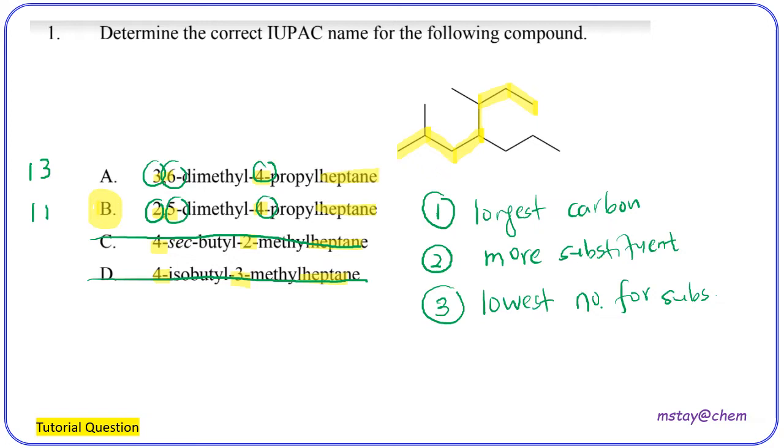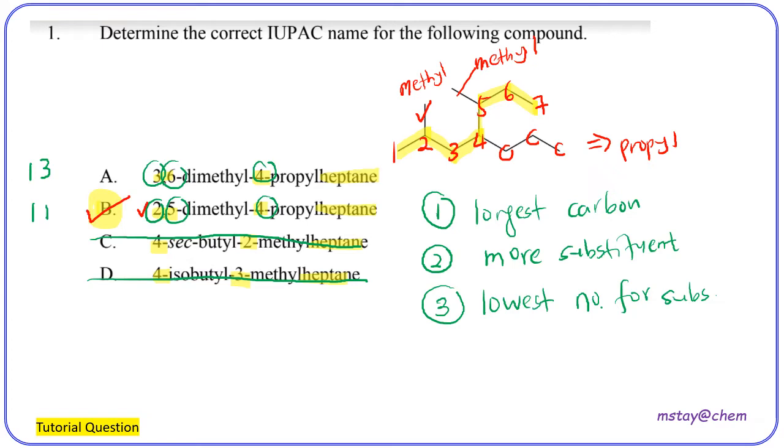The first substituent is at the second carbon, so this is first carbon, second carbon, third, fourth, fifth, sixth, and seventh carbon. Here we have 2 methyl, 5 also methyl, and at the fourth carbon we have 1 carbon, 2 carbon, 3 carbon, so this is propyl. That's why 2,5-dimethyl-4-propylhexane is the answer.